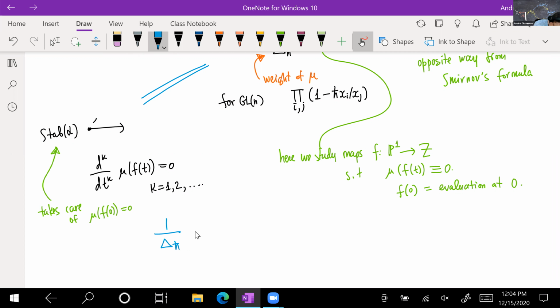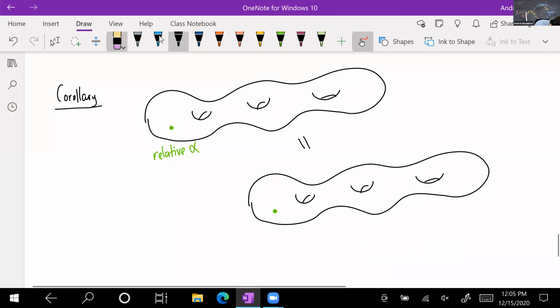If I put the relative insertion, call it alpha, that is always equal to the same integral where instead of the relative insertion, I now put a descendant insertion.